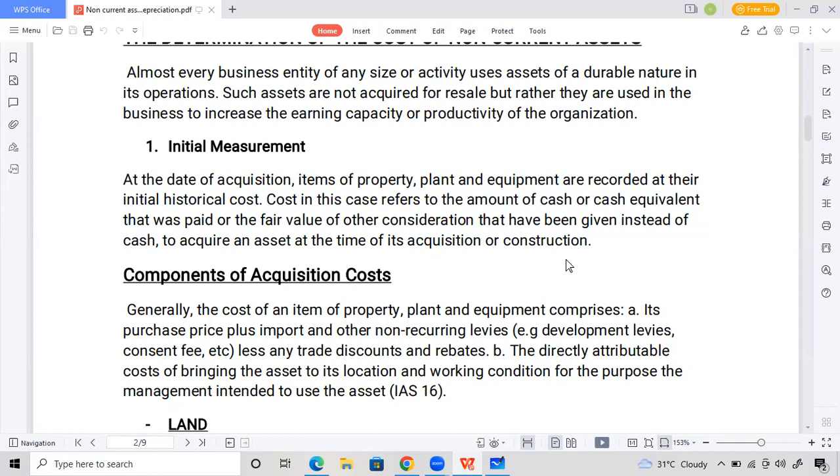Now, when we say cost, we have some components of this cost. Components of acquisition cost.